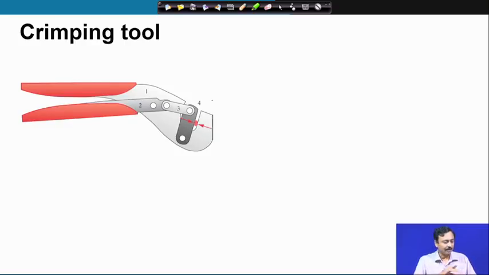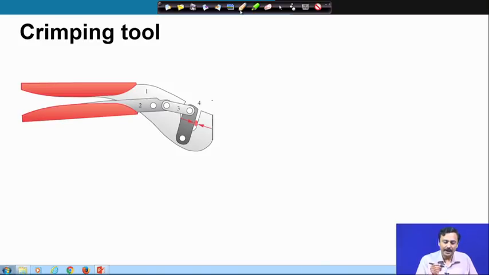This is a crimping tool, something like a plier, but not like an ordinary plier. As you can see, there is a mechanism in it, and as we will see later, this mechanism is so useful in this tool. Again, in this we have to identify first a ground link. So, I identify this as the ground link.